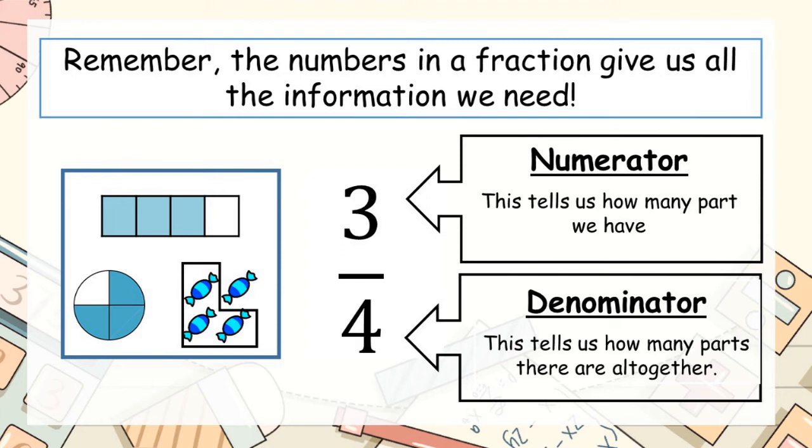So you can see in the set over here on the left side, the rectangle, the circle, and the set of sweets have all been broken into 4 equal parts. That's the denominator, the 4 in our fraction. And we can see that 3 of those parts have been shaded or marked. That's our numerator, the top number.